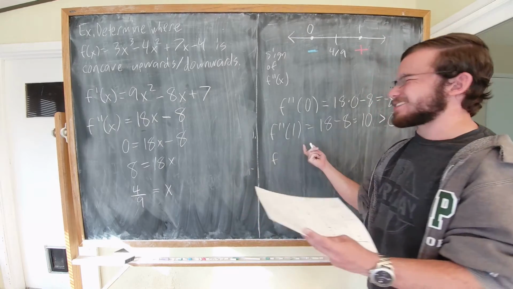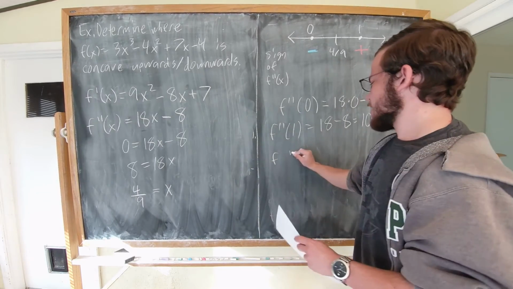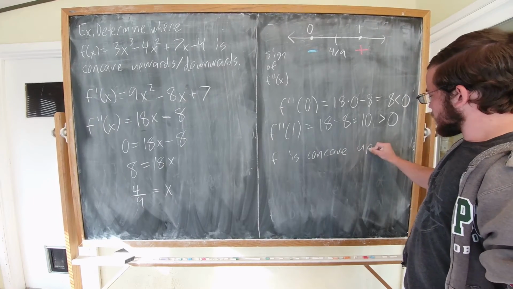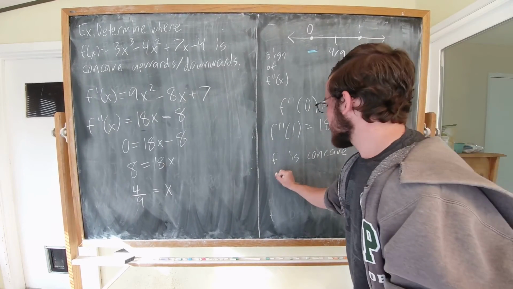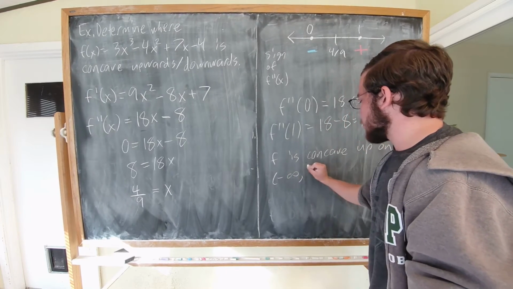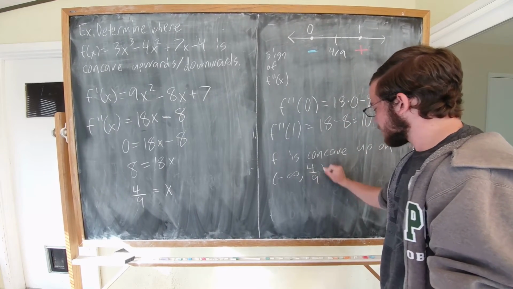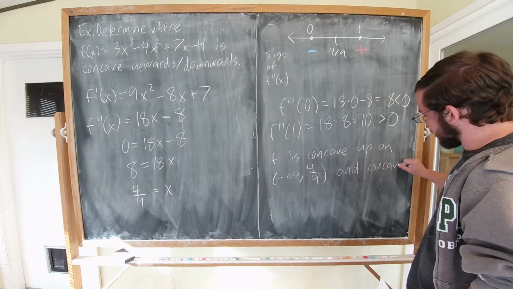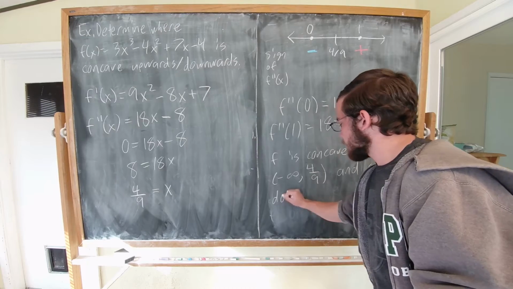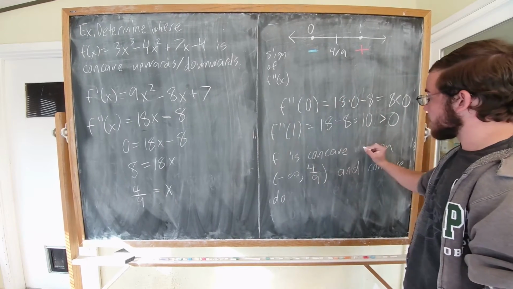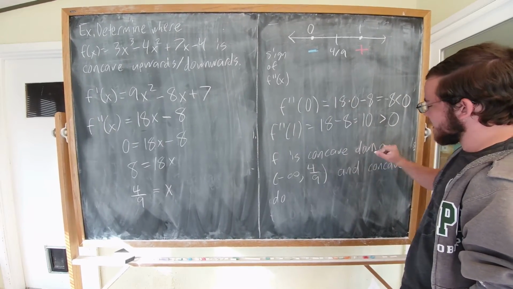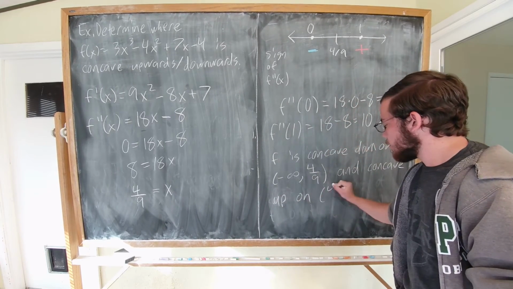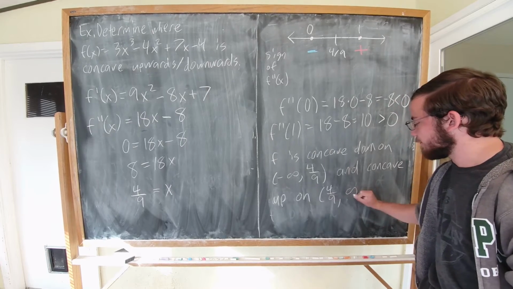Therefore, f, and let's just identify f with its graph. F is concave down on negative infinity to 4/9, and concave up on 4/9 to infinity.